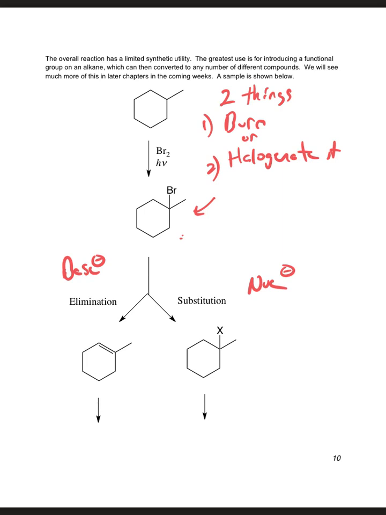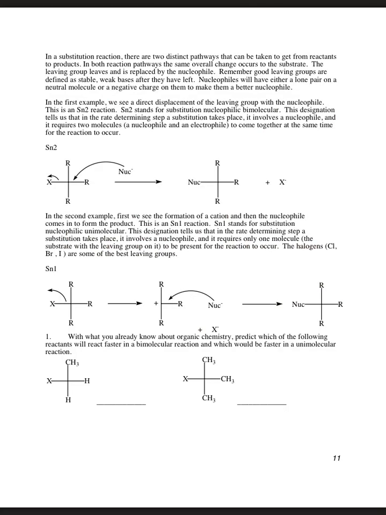And then from both of these things we can carry on further to make many different things. So this chapter will really open up the possibilities to what we can do in this section, or in organic in general, and with the types of reactions we can do.